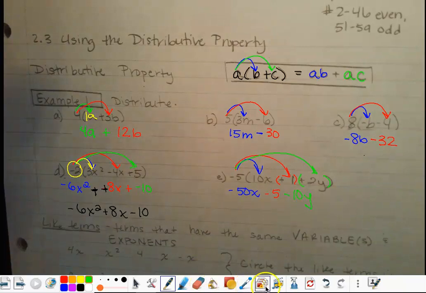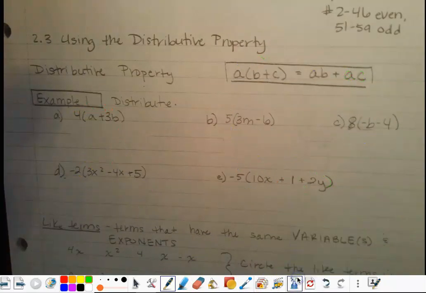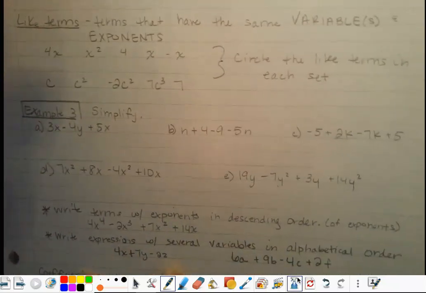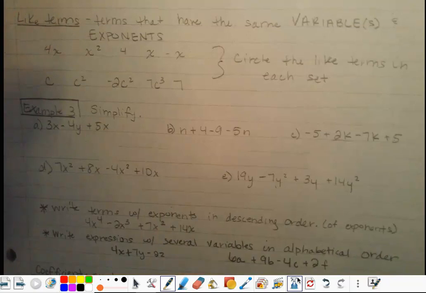Okay, great work there. Then let's see about like terms. Like terms are terms that have the same variables and exponents. So in this first one, I've got a list: 4, x squared, 4x, and negative x. I want you to circle the like terms in each set.